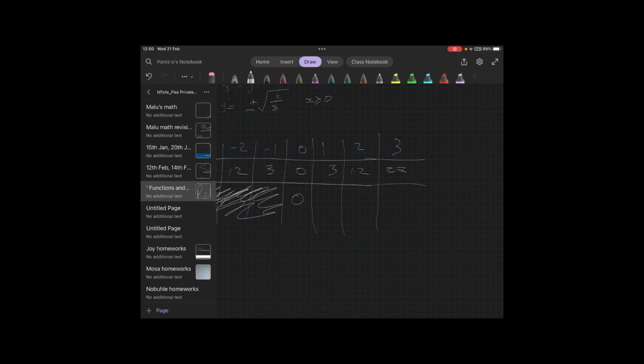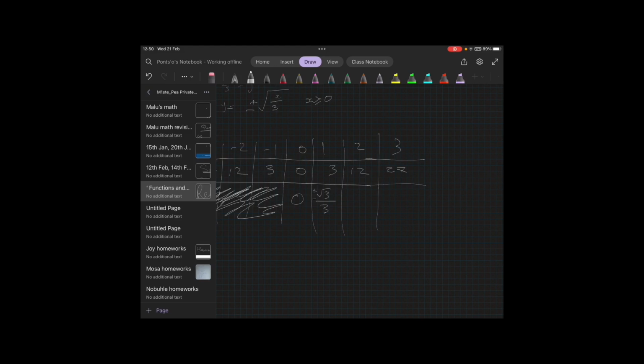Our value is 0. Now what happens when x is 1? Root 3 over 3. Positive or negative, remember?